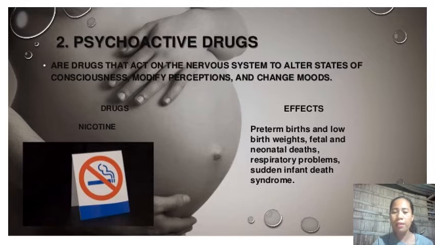These are the drugs that act on the nervous system to alter the state of consciousness, modify perception, and change mood. An example of this is nicotine. The effects of this are preterm birth and low birth weight, fetal and neonatal deaths, respiratory problems, and sudden infant death syndrome.